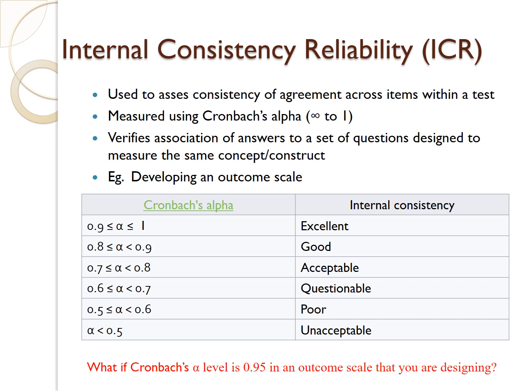Or are we asking the same thing repeatedly, and it might indicate these questions may not be necessary, or this number of questions may not be necessary to be specific. So having a very high reliability for designing an outcome scale may not be desirable, because it may indicate the test items may be redundant.